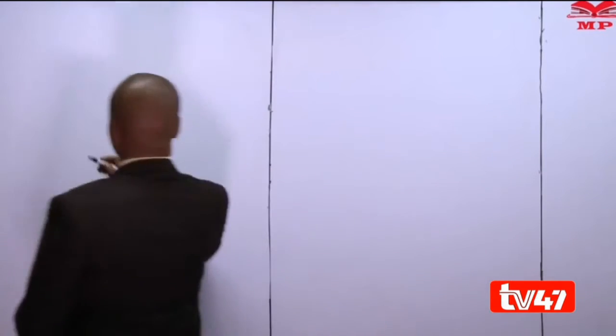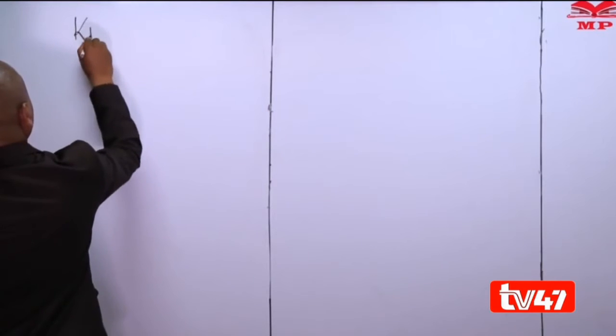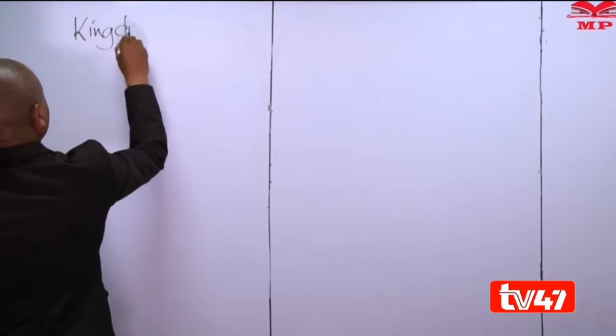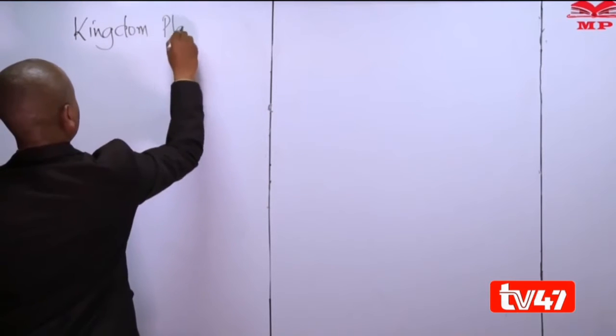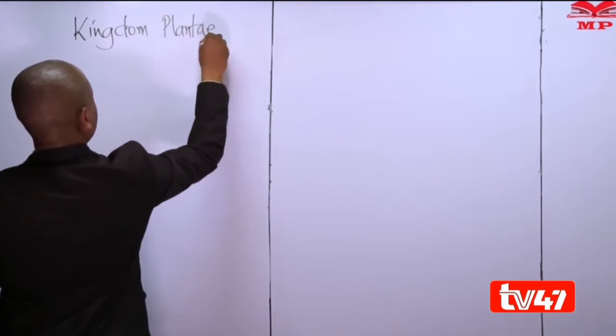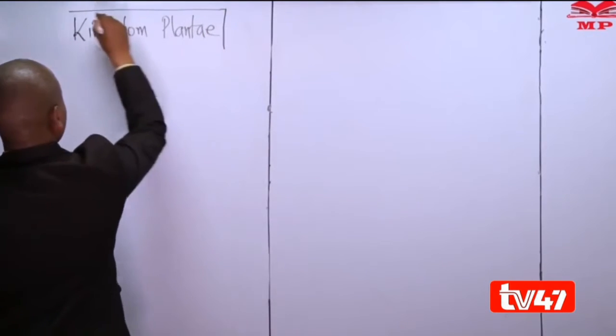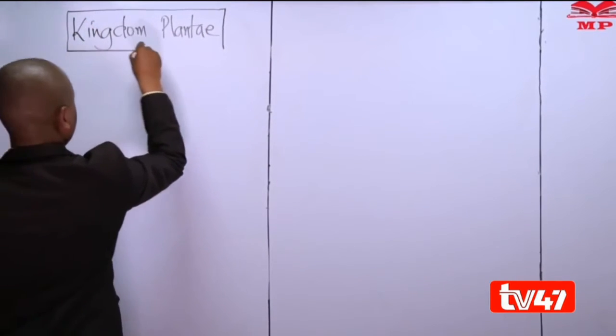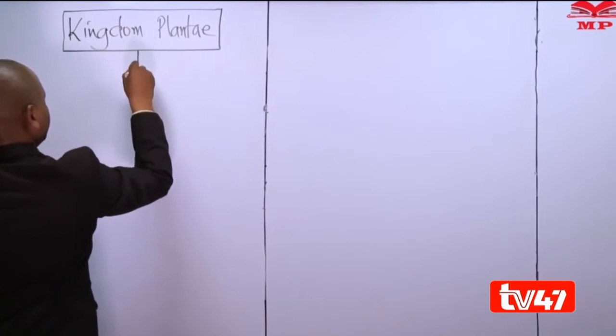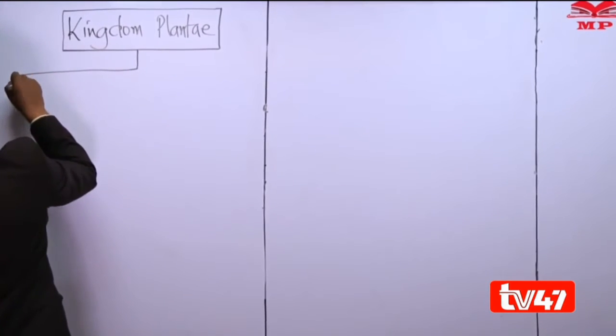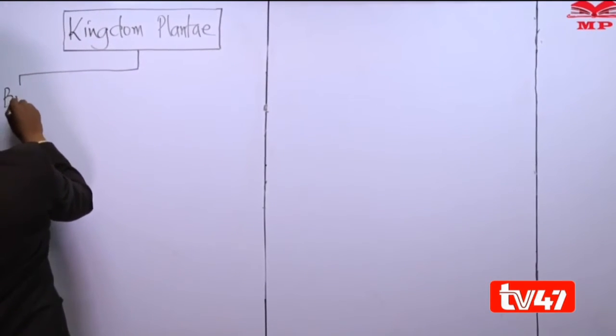So we are on kingdom Plantae. This kingdom has got 3 major divisions that we are looking at. So we have looked at Bryophyta.